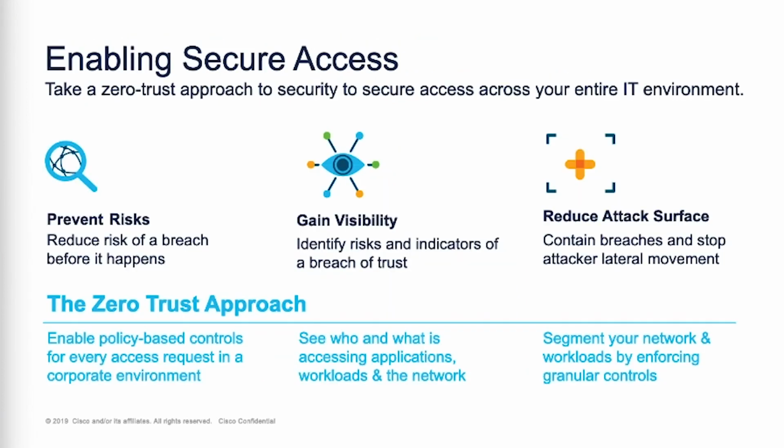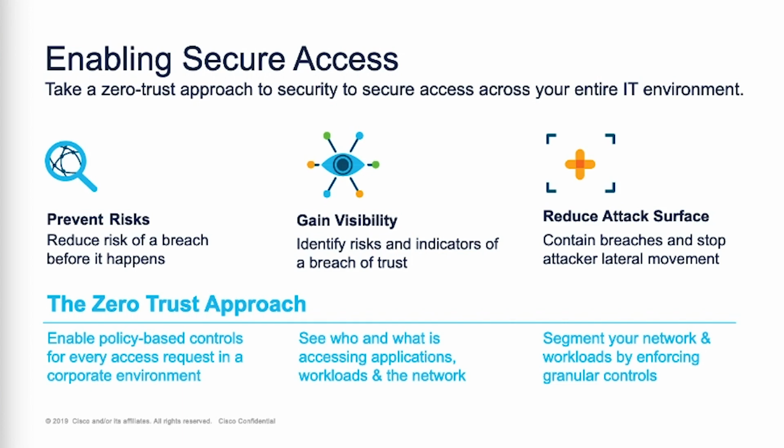So one way is to take a zero trust approach to secure access to everything across your IT environment. This would allow you to prevent a data breach before it happens by enabling policy-based controls for every access attempt to your applications, to your workloads, and your network.